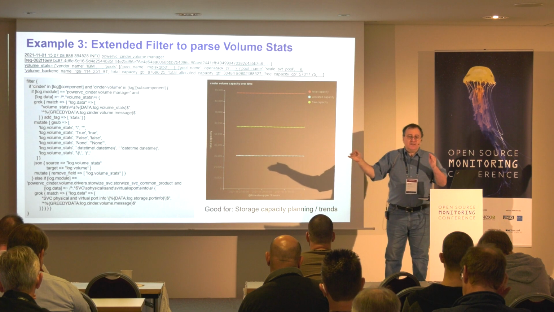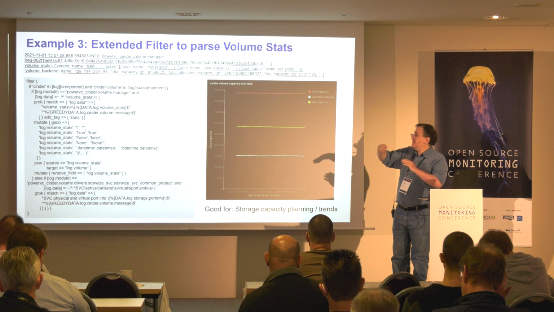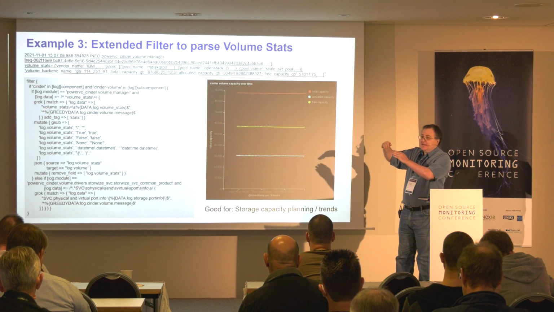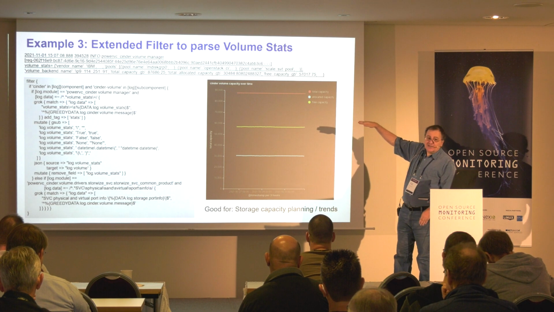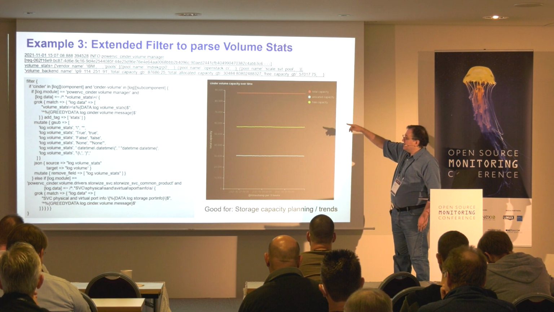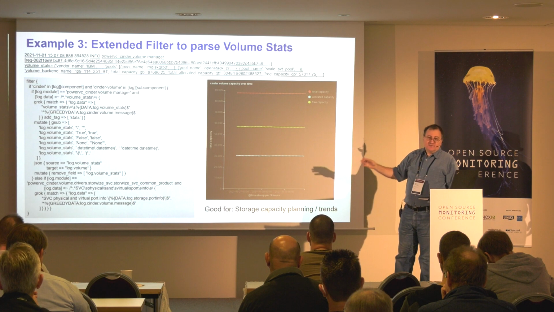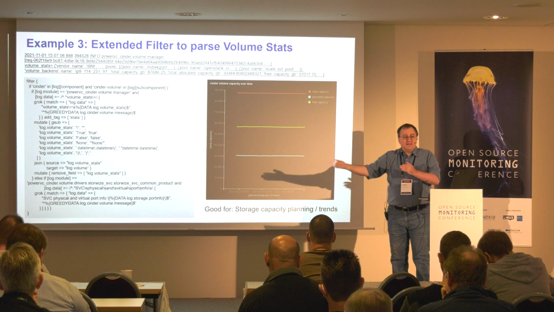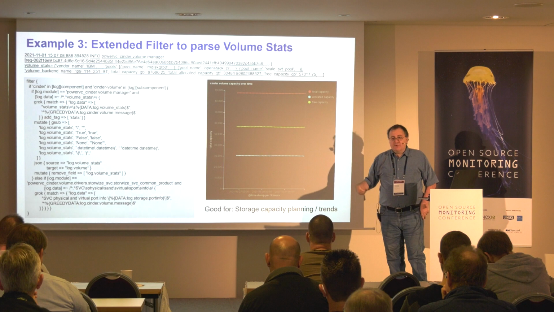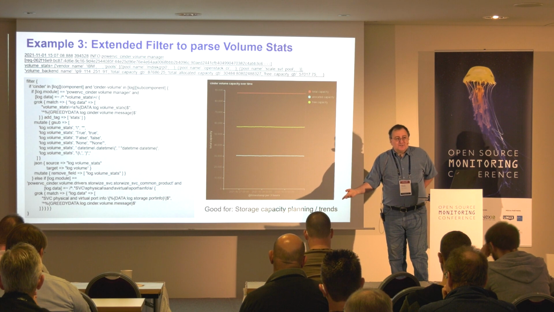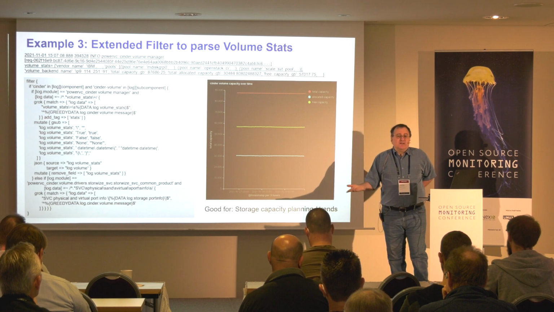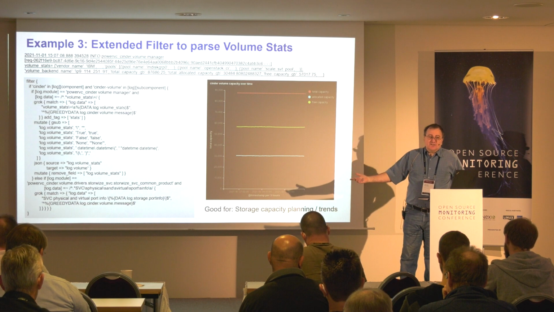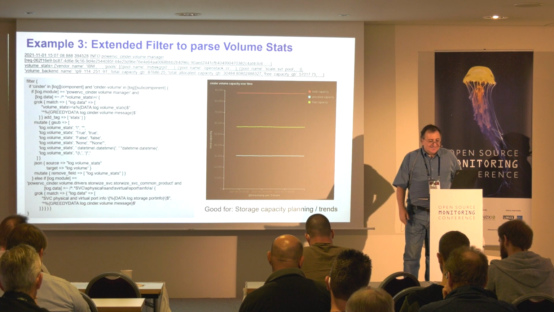So you can plot that over time and see, as you're creating more VMs, this goes up and the available capacity goes down. So you can do some look ahead, make sure that you add new nodes that have more storage, and that you don't run out of storage for your cloud customers anytime soon.